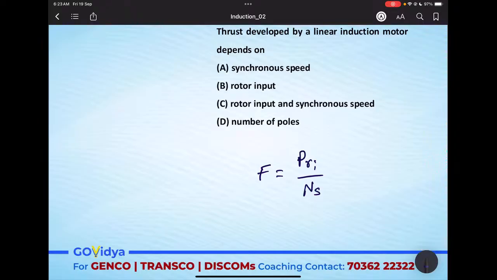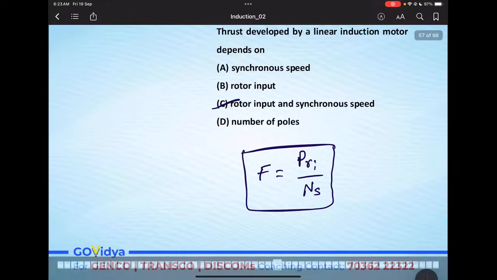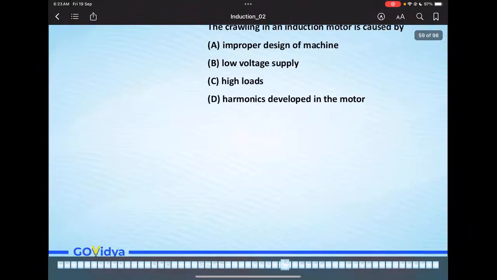It depends on both rotor input and synchronous speed. Our option will be C. Thrust is nothing but the torque developed by the rotor circuit. Let's move on to the next question.